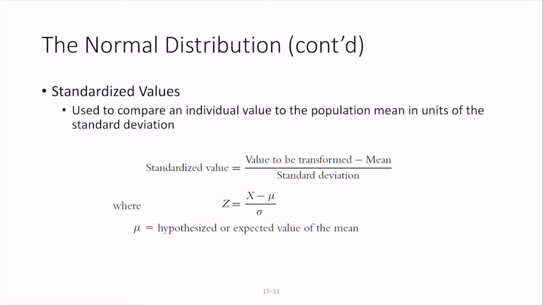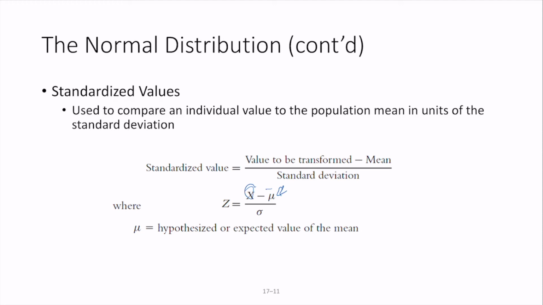Now, the standard value is used to compare an individual value to the population mean in units of the standard deviation. So this is the Z-score that we were talking about. The standard value is equal to the value to be transformed minus the mean, divided by the standard deviation. So you have the variable here minus the mean, divided by the standard deviation.